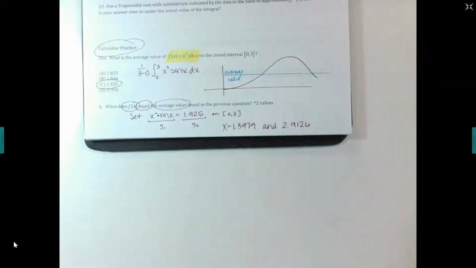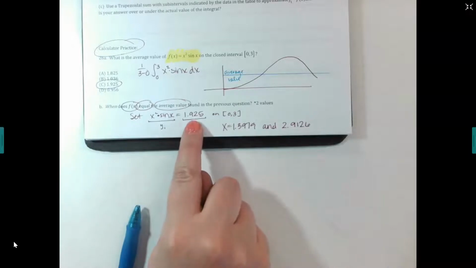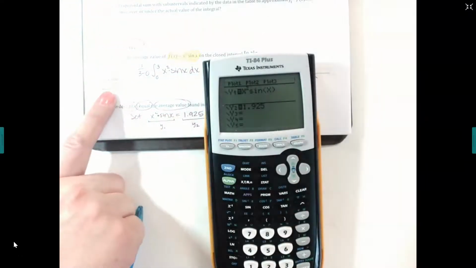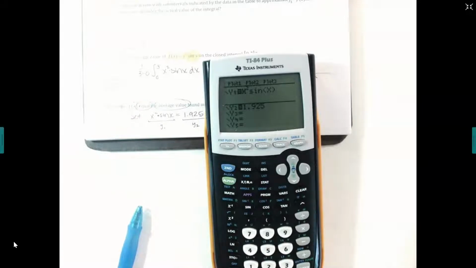It's not the median, it's the mean. Got it? It was this average that I got, because I want to know when my f of x equals the average I just got. So I let my y2 be the 1.925, and then I just found where they cross. Good? Okay, turn the page.